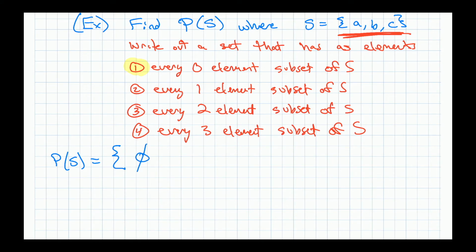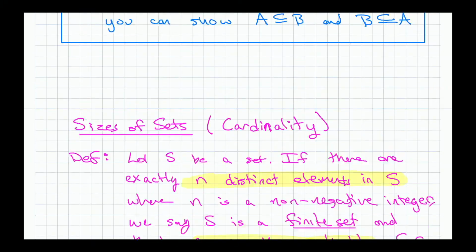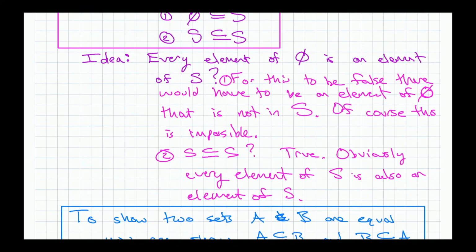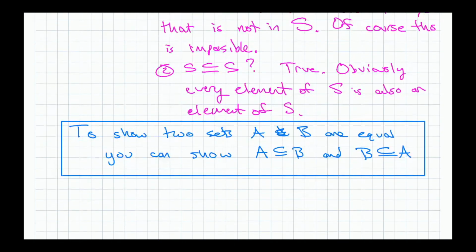How about that? Right? Because remember what we said up here somewhere. We just wrote it, but I boxed it, didn't I? Yeah. So remember, the empty set is a subset of every set, and also S is a subset of every set S. So those are the 0 element and the, I guess, 3 element subsets for us.